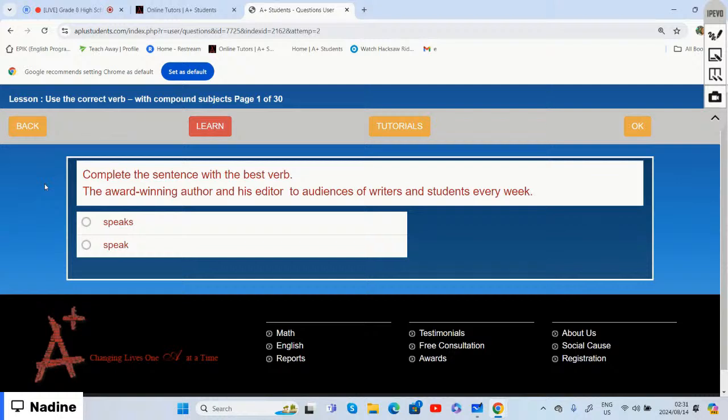It says the award-winning author and his editor, do we say speaks to audiences or speak to audiences of writers and students every week? We need to choose the correct or the best verb. So since we are talking about more than one person, do we say speaks or do we say speak?